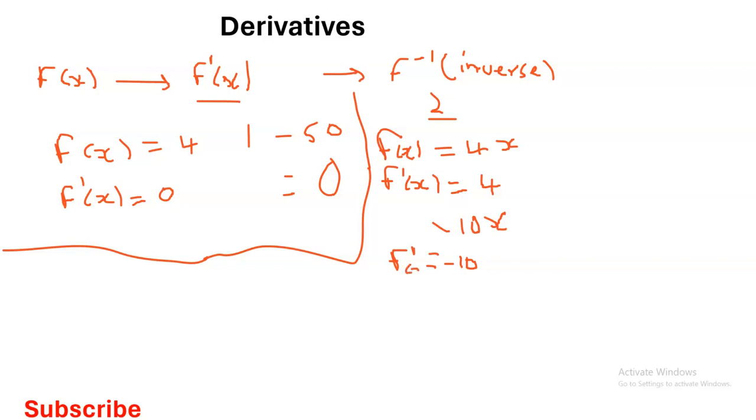Always remember that if f(x) is 20x, for example, your answer will be 20. But if your f(x) is equal to 10, then the answer will be 0. As long as it's attached to an x, the answer becomes that number. But if it's just a number, the answer becomes 0.